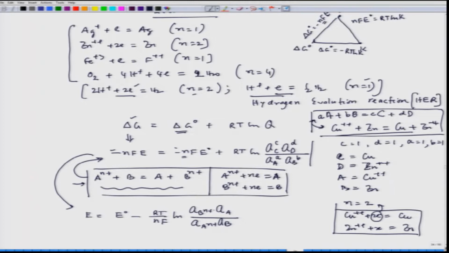Now, if we take A and B as pure metal, in that case activity of A equal to activity of B equal to 1, I can write it as this.